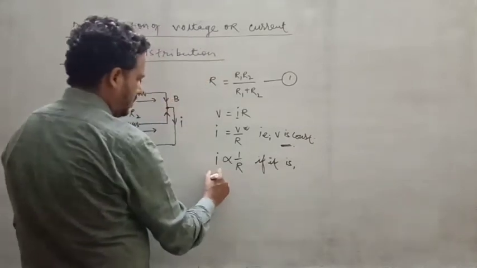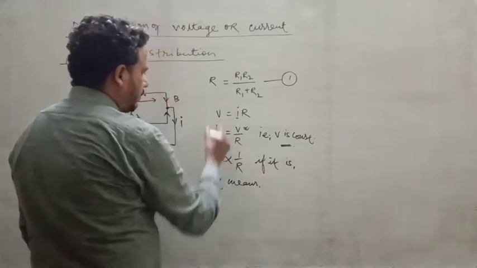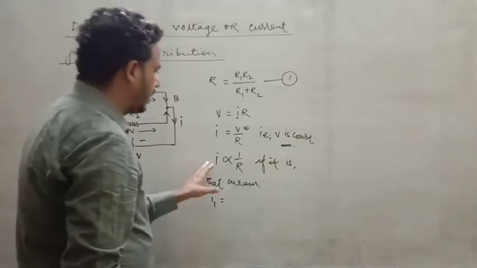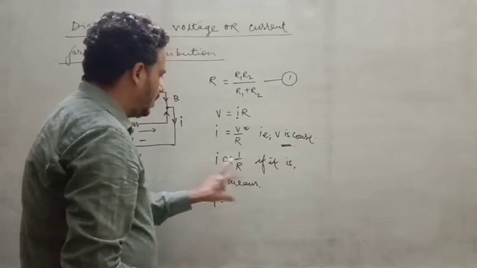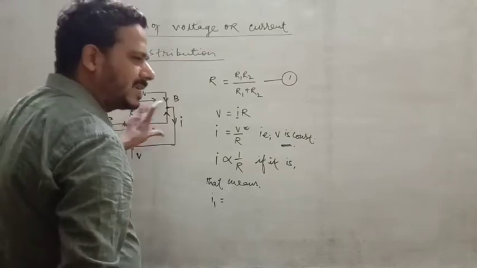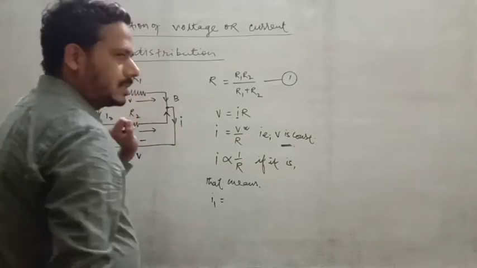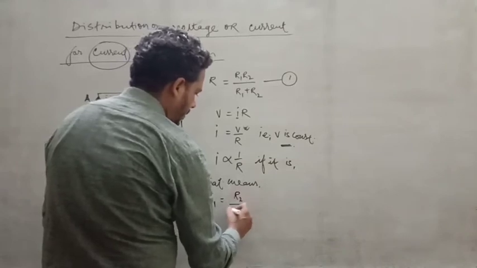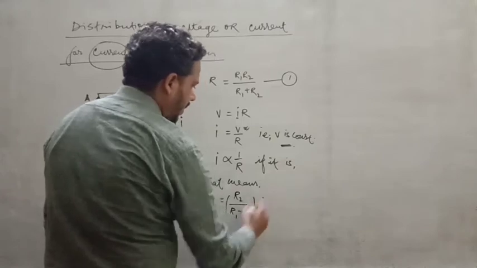If you want to find I1, you have to take the second resistor, and if you want to find I2, you have to take the first resistor. So I1 is R2 divided by R1 plus R2, multiplied by the net current I.